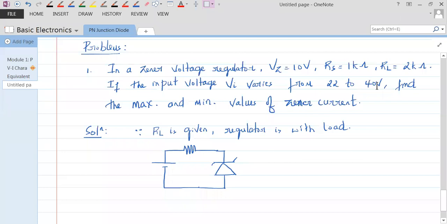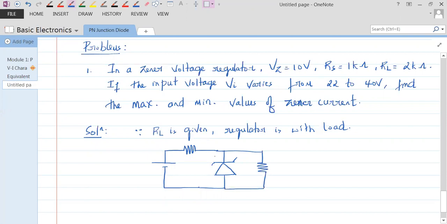So when VI minimum and VI maximum are given, you are asked to find IZ max and IZ minimum. And since RL is given, it is a regulator with load, so we have to connect the load here.